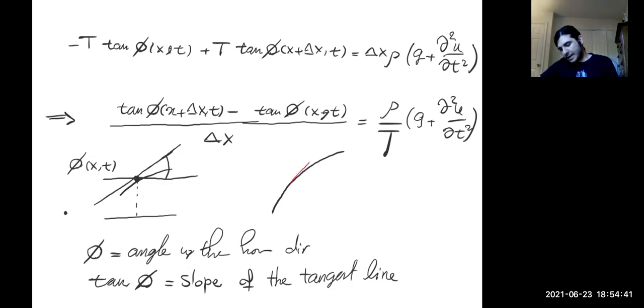At each point x, we can look at the tangent line. If this angle is alpha, tangent of phi, which is tangent of alpha, would be the slope of this tangent line. But the slope of the tangent line we know is equal to the derivative of the function. So if this function is u, tangent of phi would be equal to the derivative of u with respect to x.